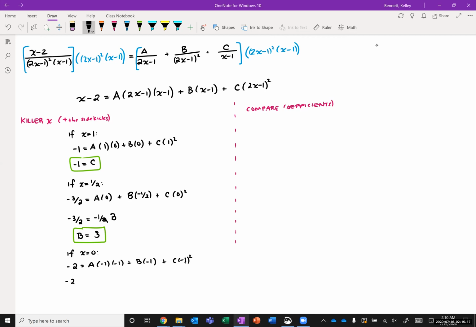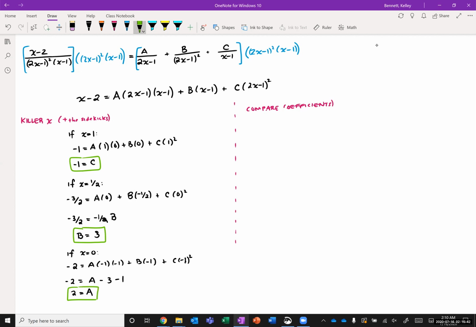And I know what b and c are. So negative 2, this is just positive a. B was 3, so this is just minus 3. And then c was negative 1, so this is minus 1 because that negative 1 is squared. Okay, fine. So a minus 4, so 2 equals a. So that wasn't so bad. They're not all that nice.